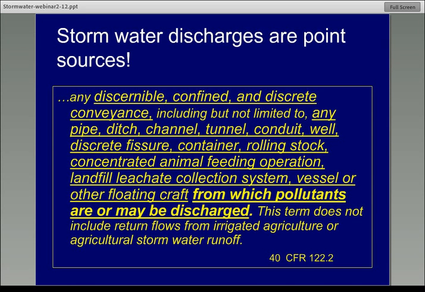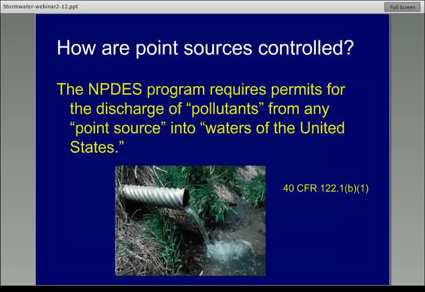And so as we think again about stormwater, they are point sources, and that is why they are regulated through this program. The exception, of course, at the bottom here, is the exception for return flows from irrigated agriculture.